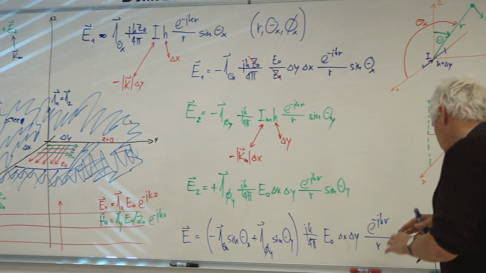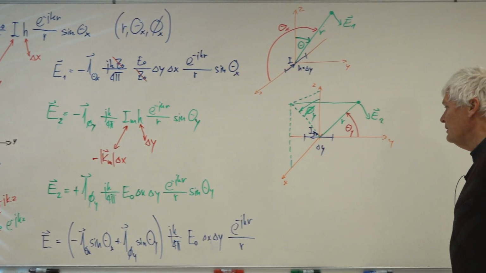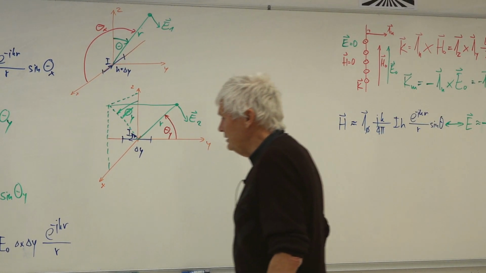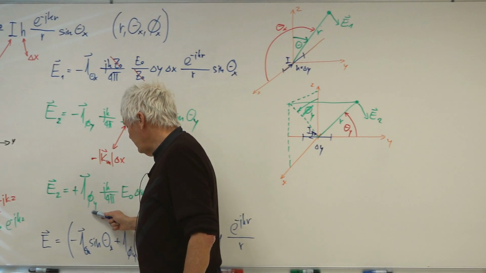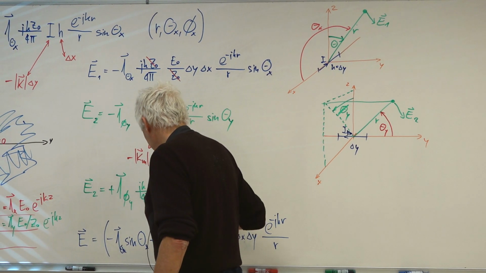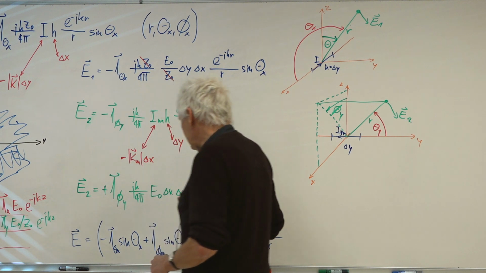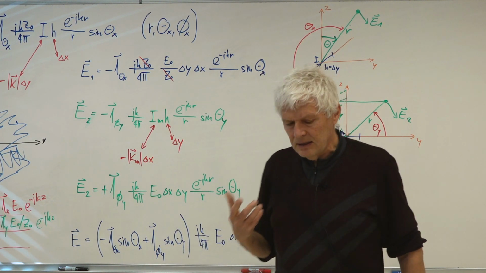What we want to do is to integrate this over the whole surface, over the whole aperture of what we have. The only open issue is this complicated geometry inside here. But what does it really contain?